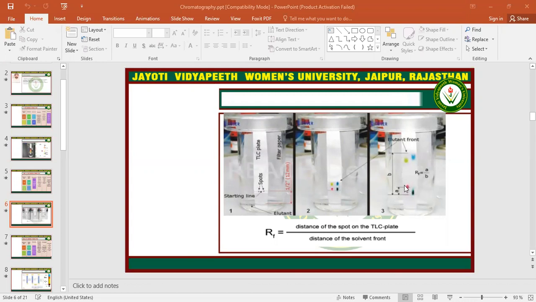For example, it is 1 centimeter, and if the solvent has traveled 8 centimeters, then we calculate 1 by 8. Then we can calculate the RF value. So RF value is the distance traveled by the spot on the TLC plate divided by the distance traveled by the solvent. I hope the students will better understand the basics of thin layer chromatography.